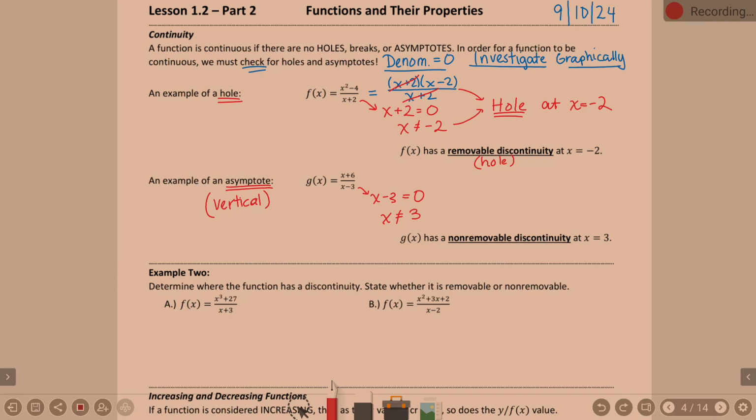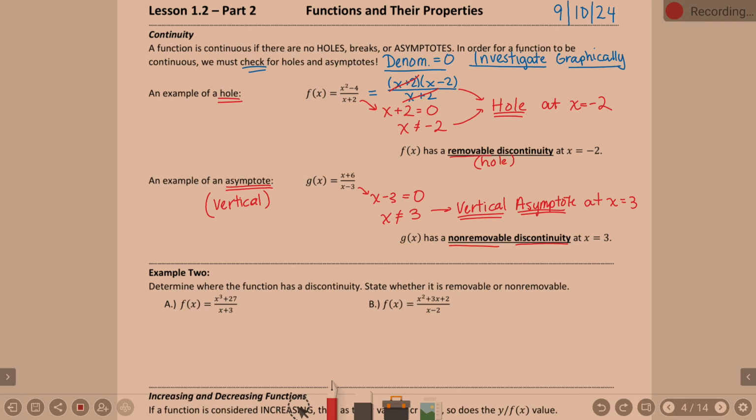Because there's nothing that can cancel, there is a vertical asymptote at x equals 3. Official language: a vertical asymptote is a non-removable discontinuity.